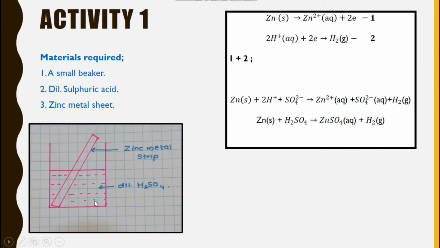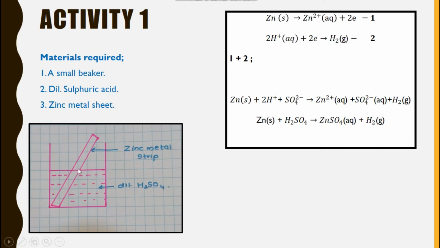After some time, you can see that this zinc metal has totally dissolved in the solution, and you can see hydrogen gas has been produced. How does this happen? This zinc rod releases 2 electrons and becomes a Zn 2+ ion.